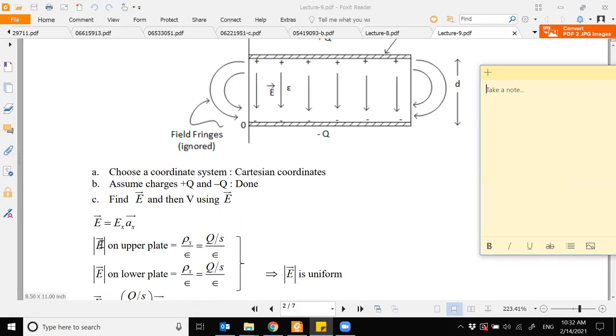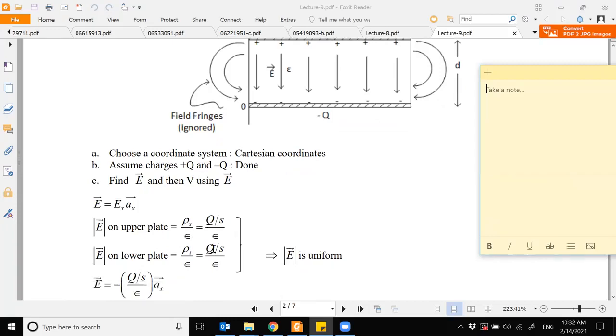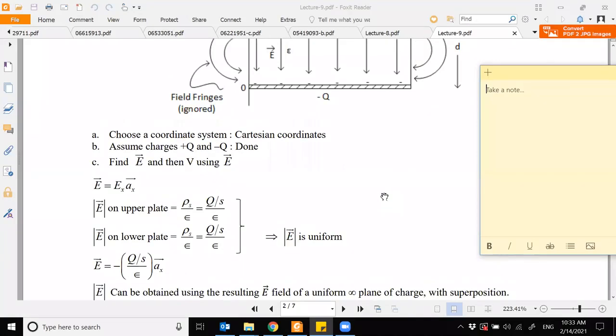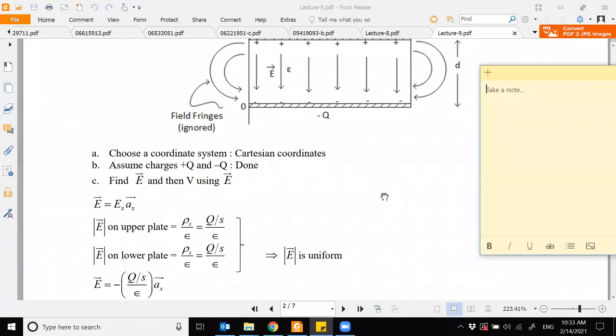Then the electric field, now I'm working with magnitudes. We know that E has only an x component, a_x, but now I'm working with magnitudes. So the magnitude of the electric field for the upper plate as well as for the lower plate will be the same. Yes, Ali? For the electric field, isn't it rho S over 2 epsilon for the infinite plane?